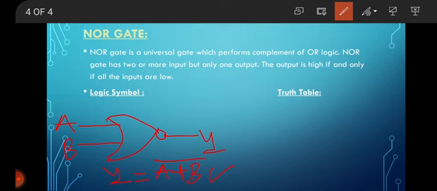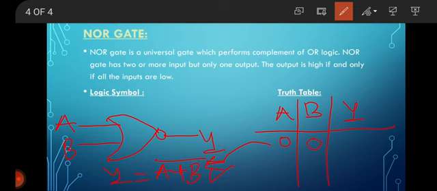Then see the truth table, A, B, and this is Y. So apply 0 and 0 to both inputs. Then put the values in this equation, that is Boolean expression.